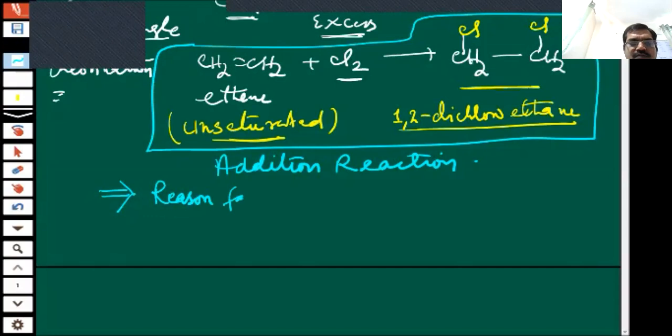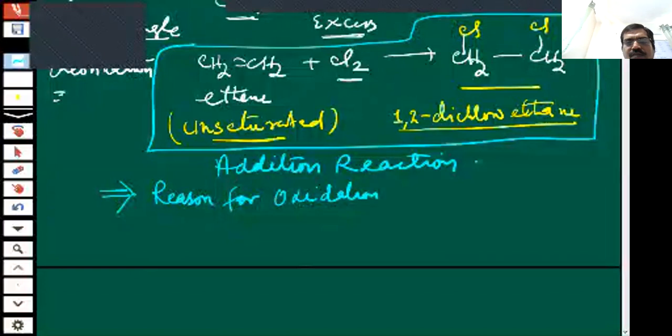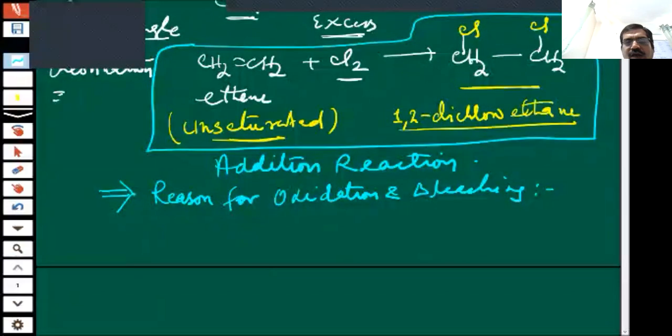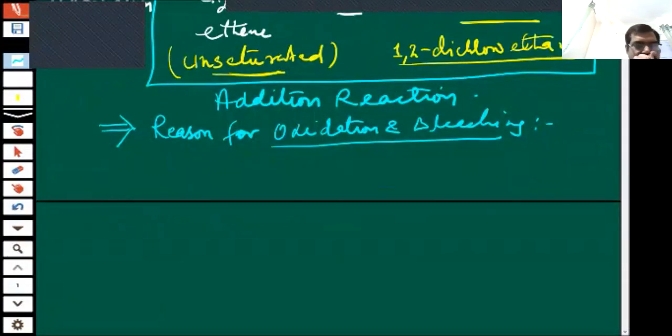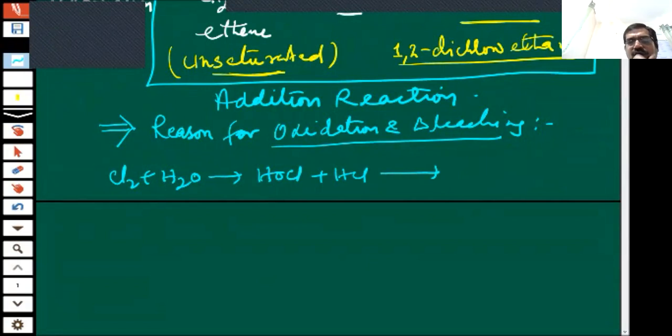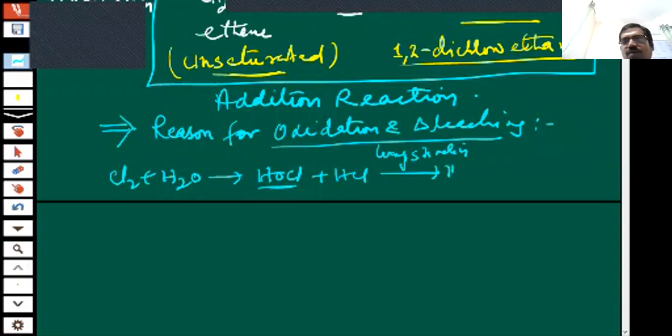Reason for oxidation and bleaching: I think I explained yesterday that when chlorine reacts with water, it gives you HOCl and HCl, and on long standing this molecule also decomposes, giving HCl and nascent oxygen.